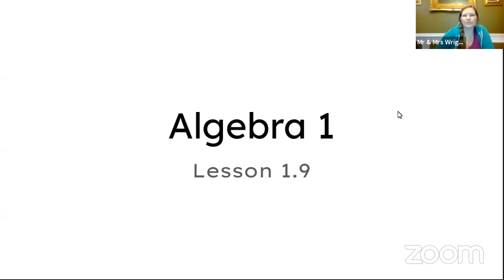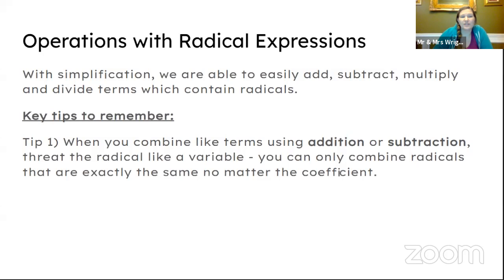All right, so getting started. Remember, we just went over simplifying radicals, taking something that was under a radical and making it down to its smallest radical possible, the smallest irrational number we had. And so that comes in helpful when you have it in the form of an expression.